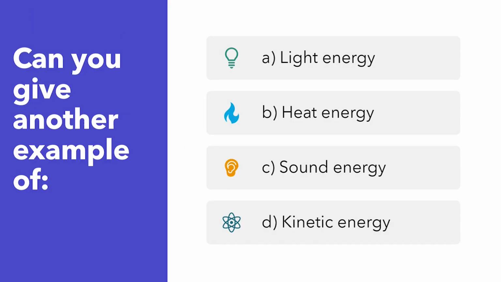Can you give another example of light energy, heat energy, sound energy, kinetic energy? There are few energies that exist around us. Okay, I give you 2 minutes to discuss with your friends. Write down another example of light energy, heat energy, sound energy, and kinetic energy. Give 2 or 3 examples that you can find around you, or that you know, or you can Google also another example of energy. Okay, let's do it. Let's discuss with your friends.